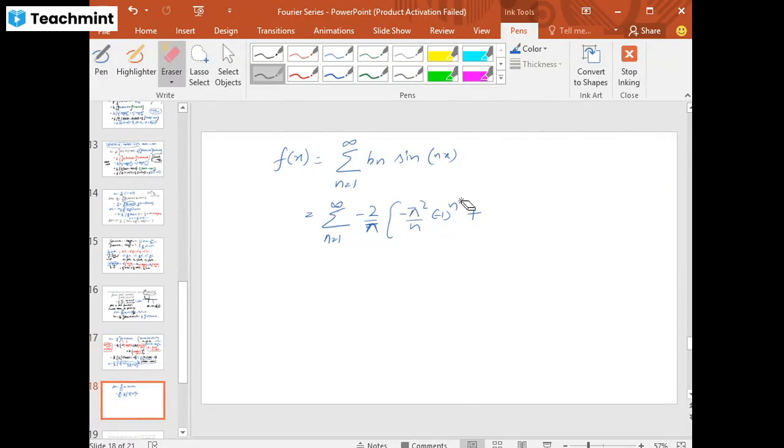So this 2 upon pi is multiplied with the entire expression. So this is the Fourier series of the function f of x.